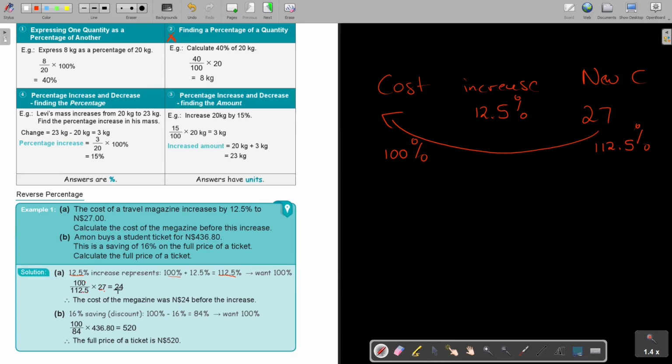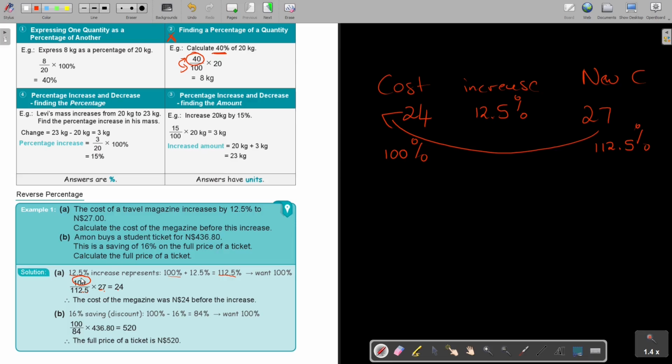So this book was costing 24 Namibian dollars before the increase. So the cost of the magazine was 24 before the increase. Okay. So it's almost like this, but there I wanted 40%, and that's why the 40 was on top. But now I want 100%, and that's why I just swap that too.